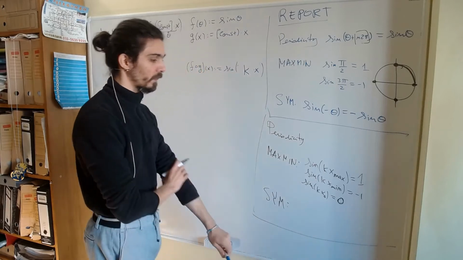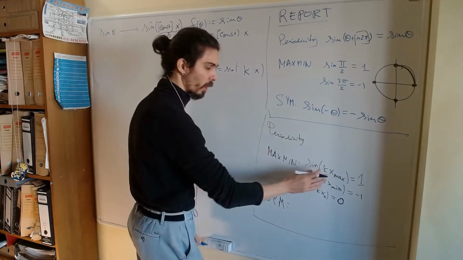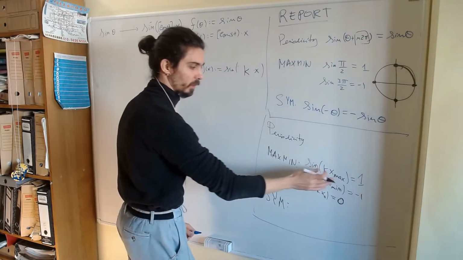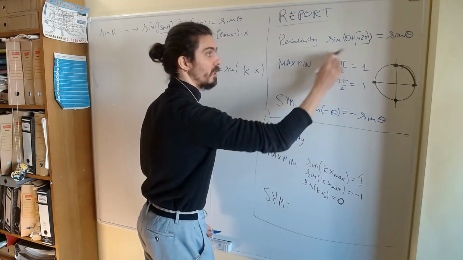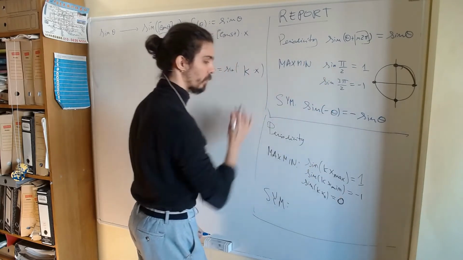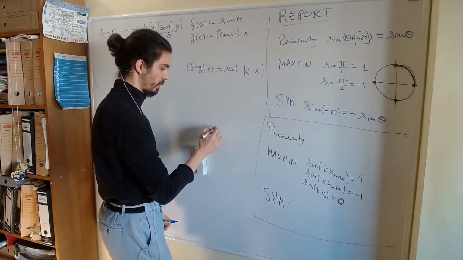Okay? Now let's solve this. How do we solve this? You solve this by comparing this with this. And comparing the first one with this, we realize that this part here must be pi over 2. Let me write kx max here.